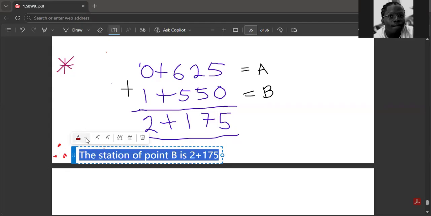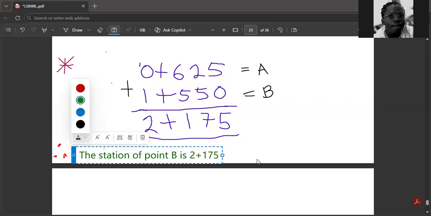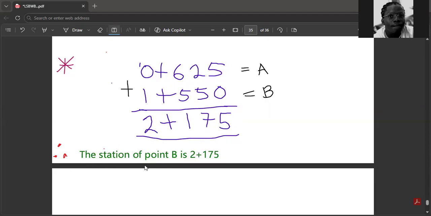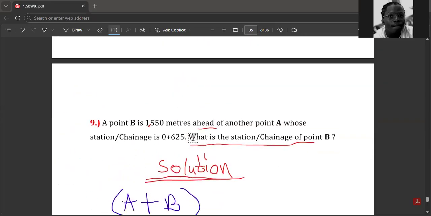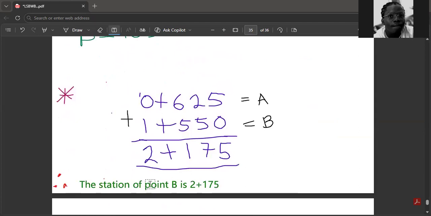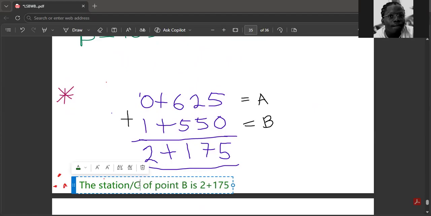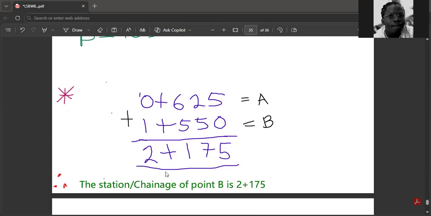That is it. The station or Chainage of point B is 2 plus 175.